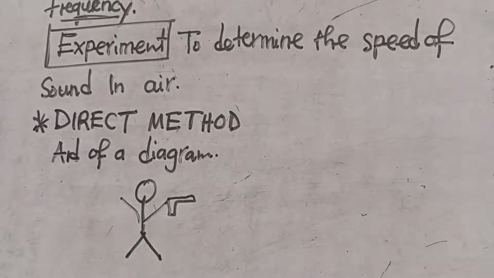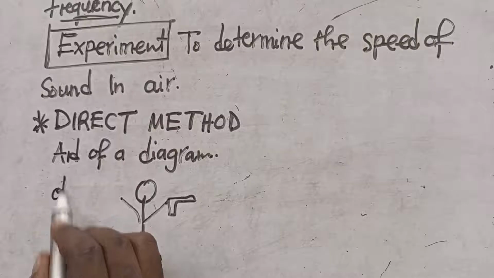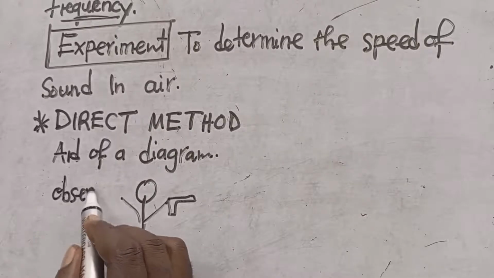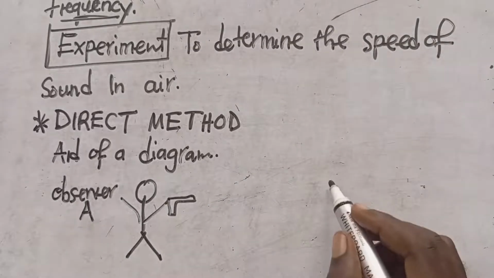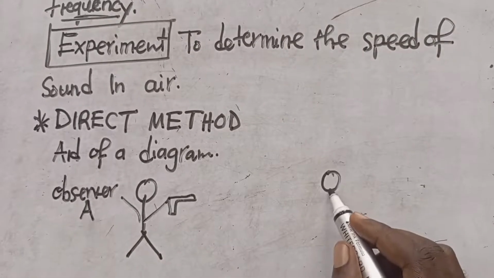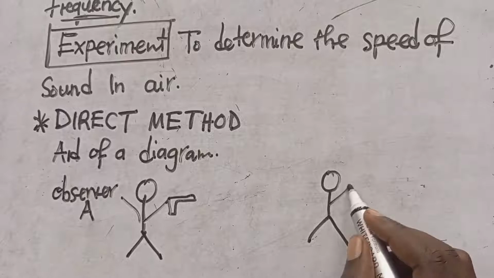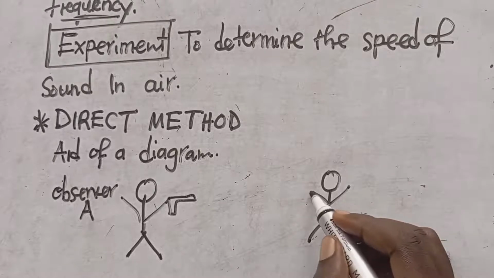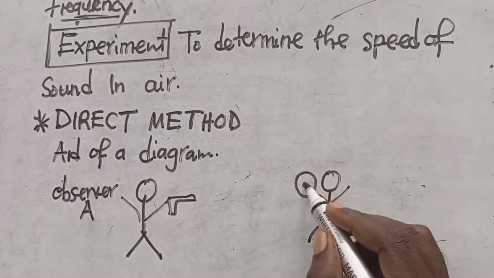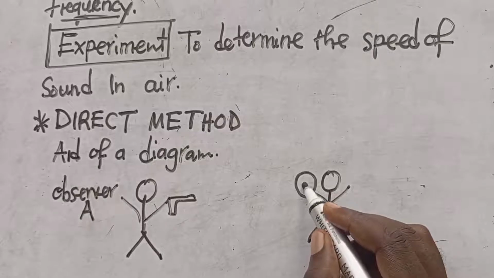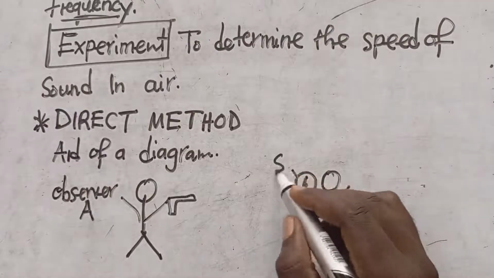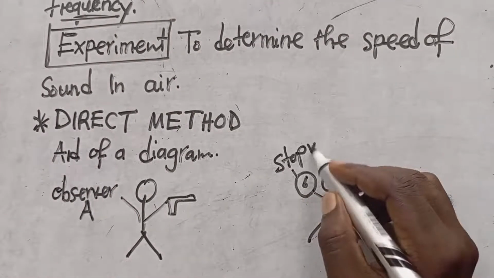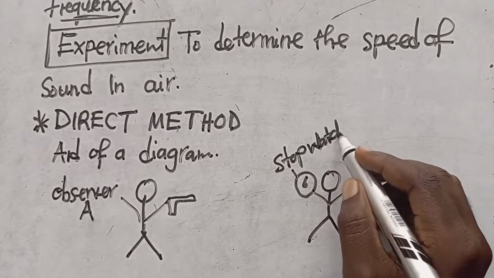I'm going to call this person observer A. I've also got this person here, having a watch like this. This is a stopwatch.